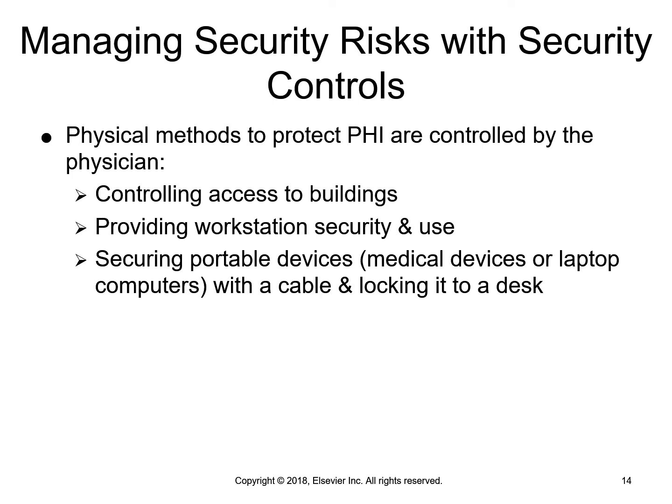Managing security risk with controls involves physical methods to protect inappropriate access to personal health information. This is controlling access to buildings, workstation security, and securing portable devices like medical devices or laptops with a cable and locking them to a desk.